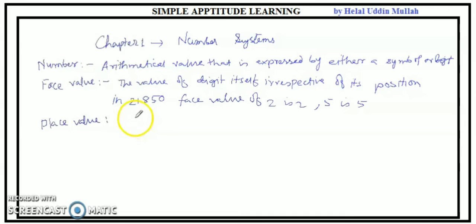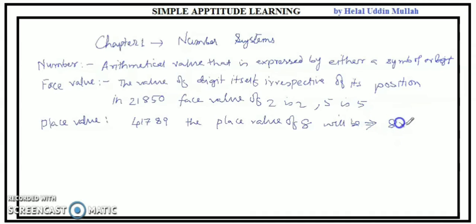For example, in 41789, the place value of 8 will be 8 into 10 equal to 80.